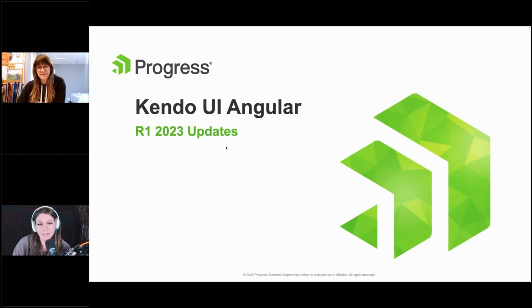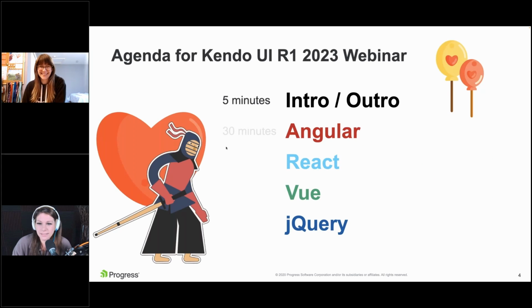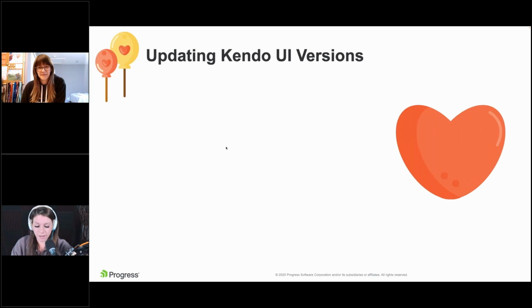So I'm going to start with the Kendo UI Angular updates for this release. Very, very excited to do so. I have a lot of slides, and I'm going to zip past our agenda slide. If we've got time, we're going to go over to some demos in the browser.